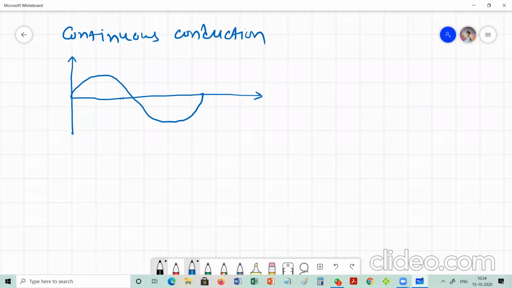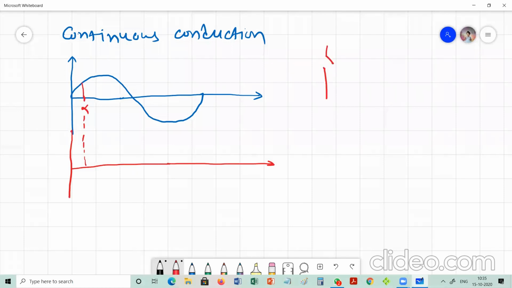Suppose this is the firing angle alpha. I will draw the waveform below. When the switches are fired, I will show the circuit diagram. This is the symbolic representation of the switches.